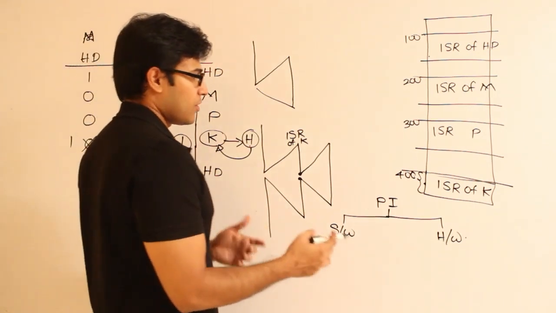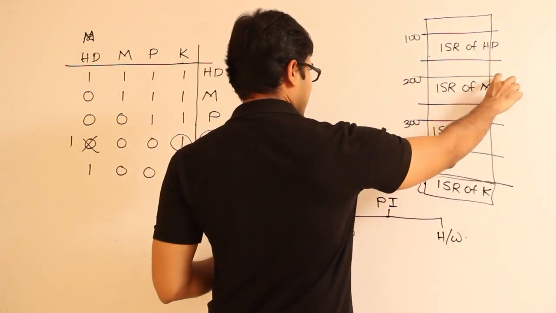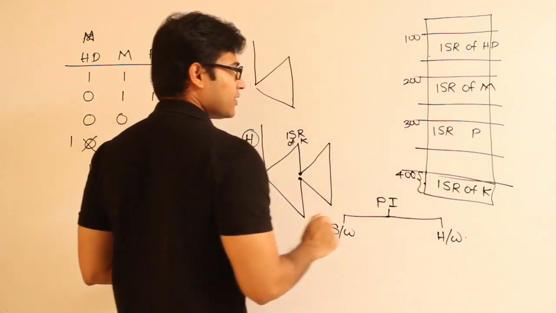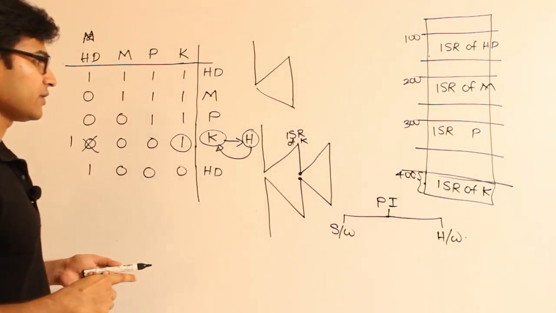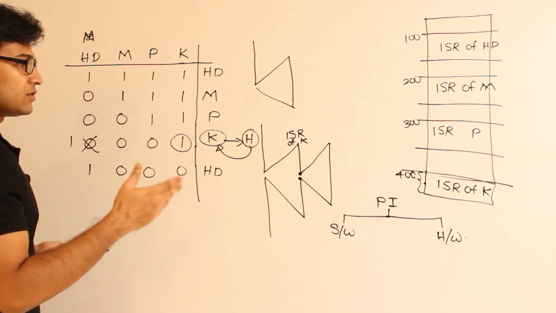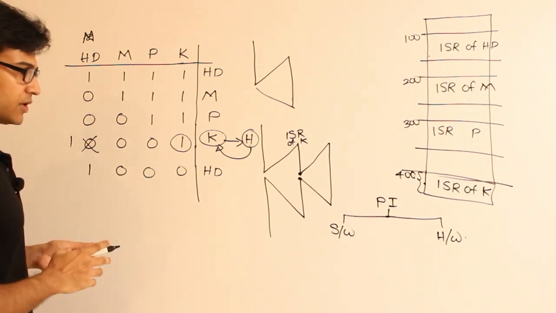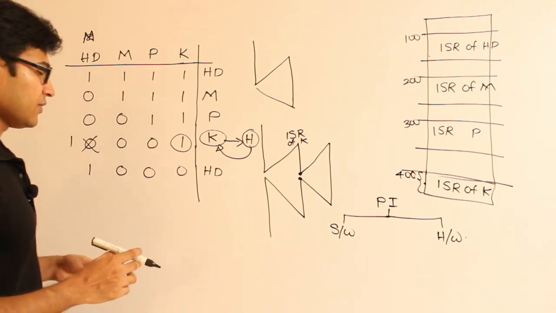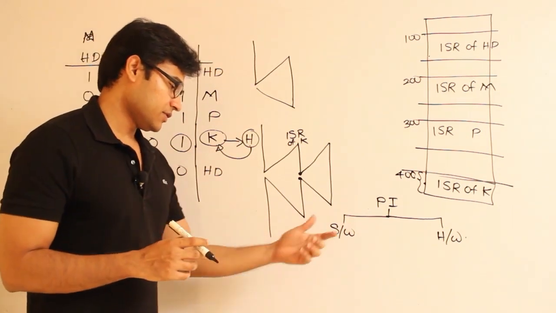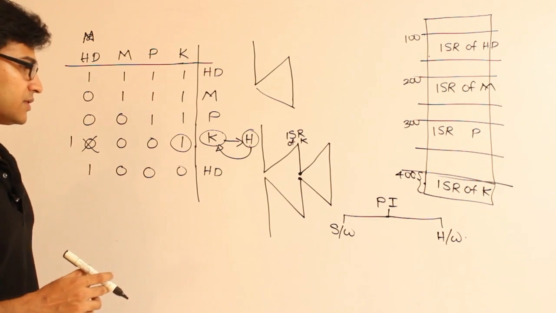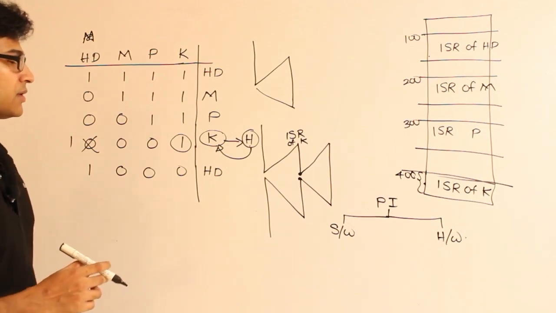Either way, ultimately the instructions have to be executed from the ISR, interrupt service routine, which is software. Therefore, whenever I say hardware based implementation, there will be some software also. But whenever I say software based implementation, it means it is purely software based.